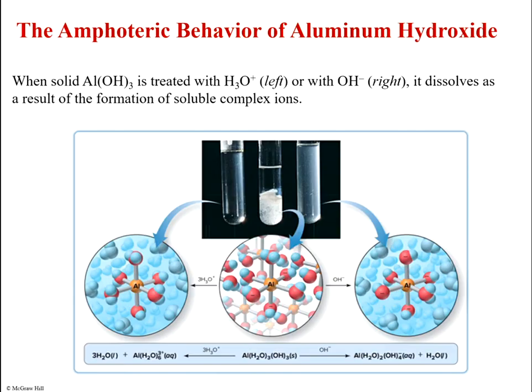Finally, we can look at aluminum hydroxide, which turns out to be a very important material. Aluminum is the most abundant metal on Earth, and it's used in very large quantities. It consumes approximately 5% of all the electricity on Earth just to produce metallic aluminum, which is used all over the place and all throughout our technological culture.